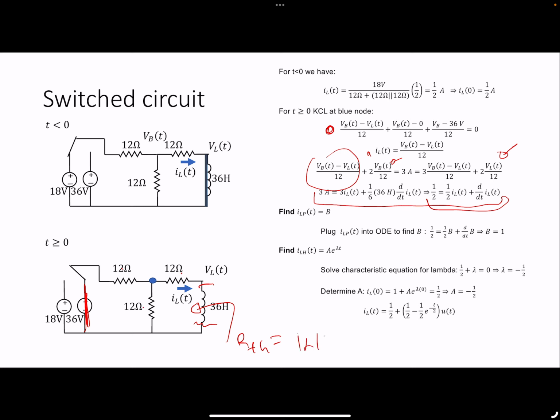So 12 in parallel with 12 plus 12, which gives you 18. So really the equivalent circuit here would be you have a source, you have 18, and then you have 36 plus minus. And then the Thevenin voltage would be, I think it's just 36, I think.